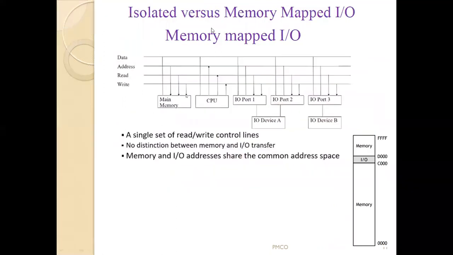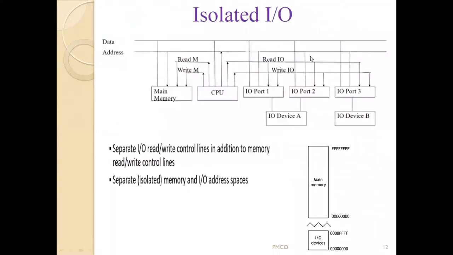The other ways are memory mapped I/O and isolated I/O. In isolated I/O, one major difference is that we have a separate address space for main memory and a separate address space for the I/O devices.